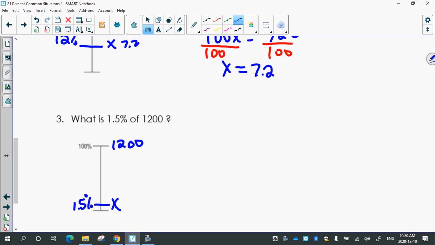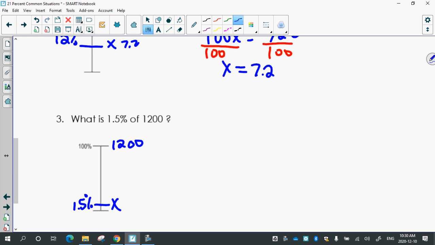So make your proportion for this one. Why did I put 1.5 so far down? Here's 100%, and the bottom means 0, so 1.5 is a lot closer to 0.